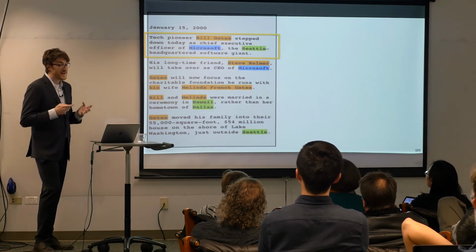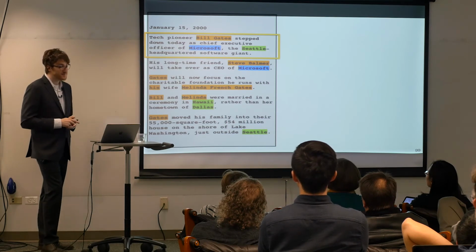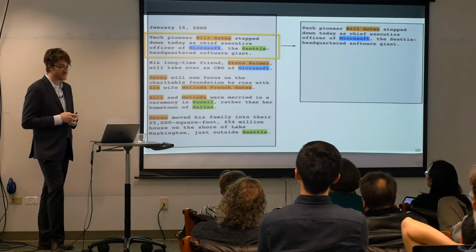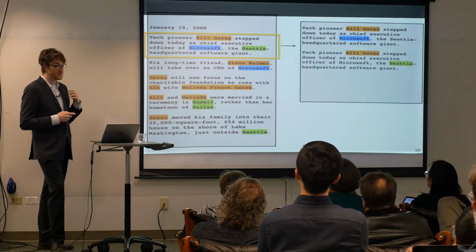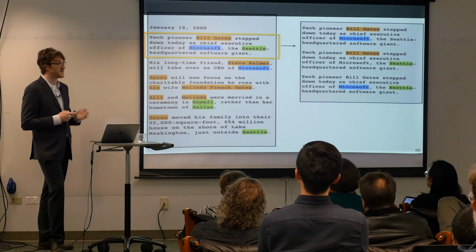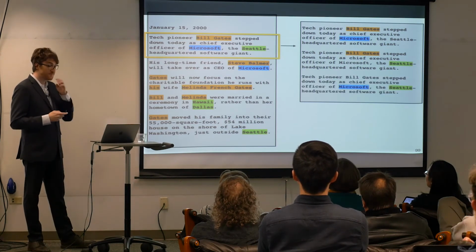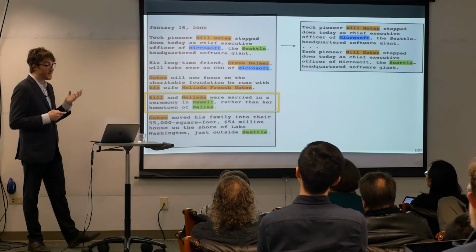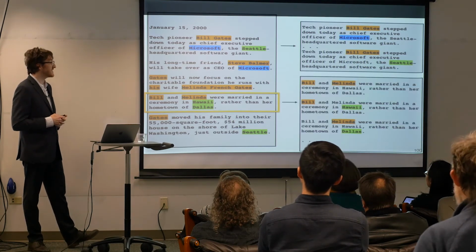But some sentences are actually going to contain more than two entities. And the way we typically do something like relation extraction is to actually consider each pair of mentions individually. So we'd have a Bill Microsoft example, a Bill Seattle example, and a Microsoft Seattle example. And the more mentions that occur in a sentence, the more individual examples we're going to break this sentence up into.